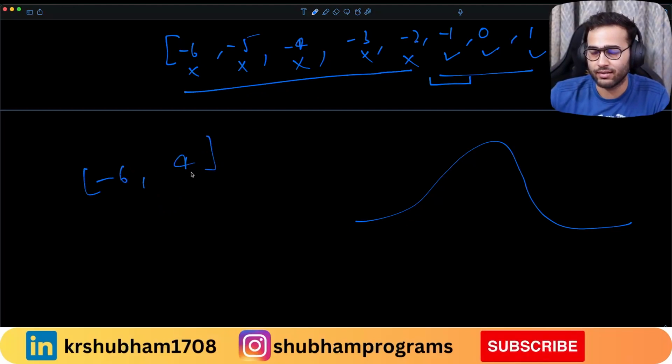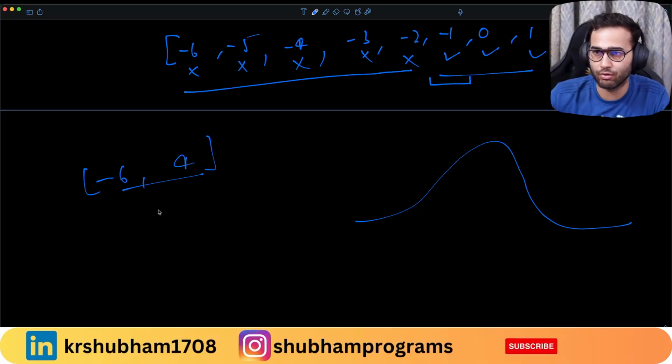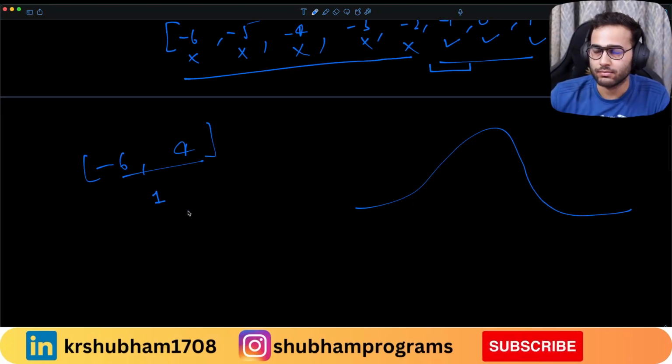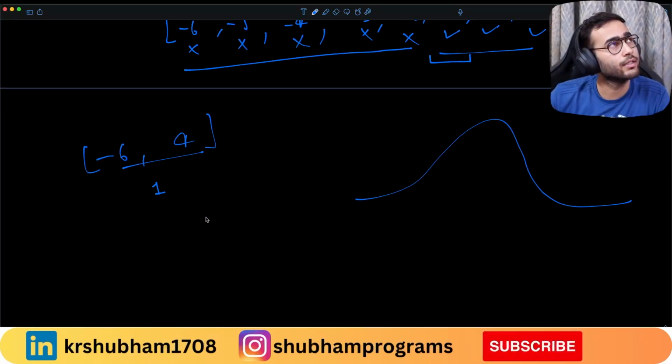Dry running, what will be the midpoint of this? -6 plus 10, so 5. 1 will be the midpoint, right? 3, no, 4 from here, 6 from there, 0, -1, yeah? -1 will be the mid.